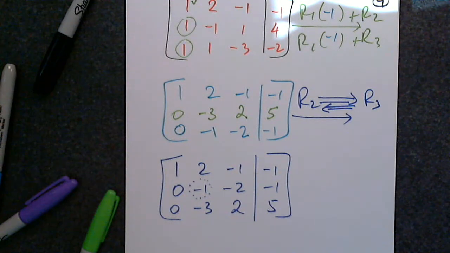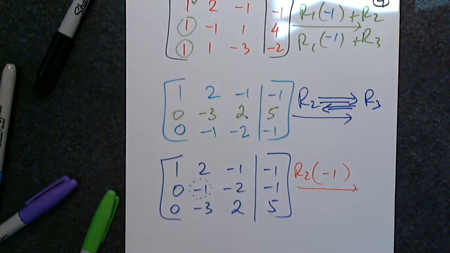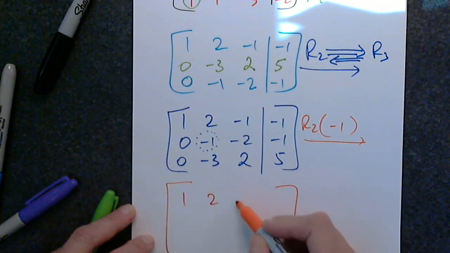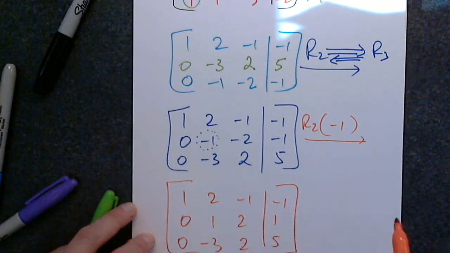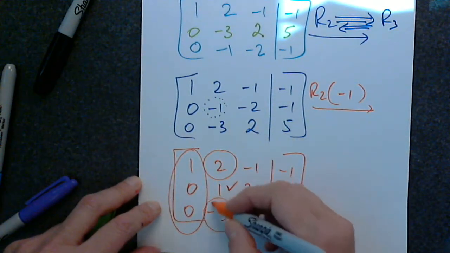What should I do? Multiply or divide the second row by -1. Okay. So 1, 2, -1, -1, 0, 1, 2, 1, 0, -3, 2, 5. So this is all done and this is done and now I'm here.